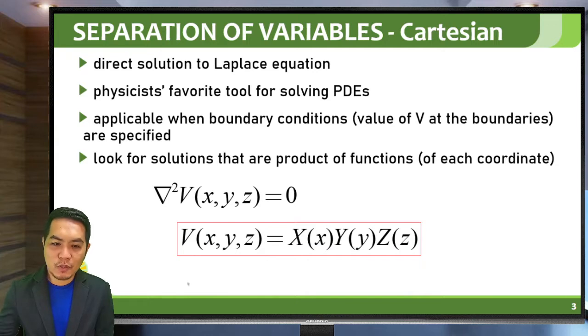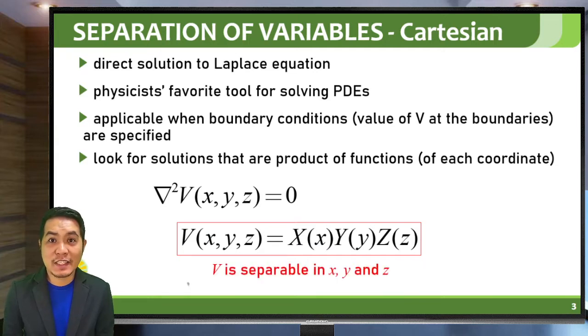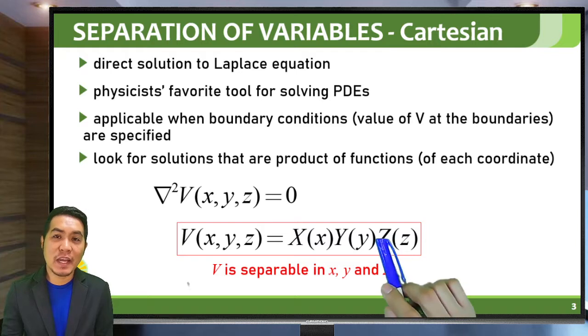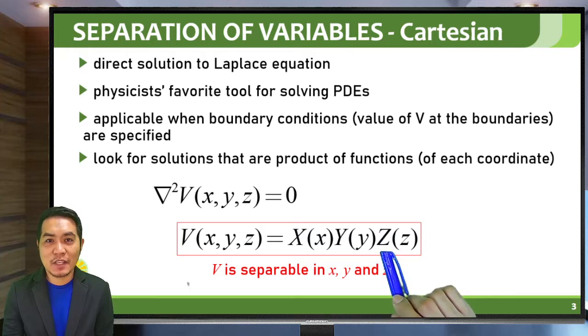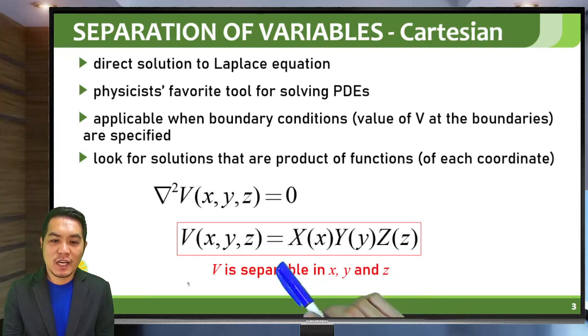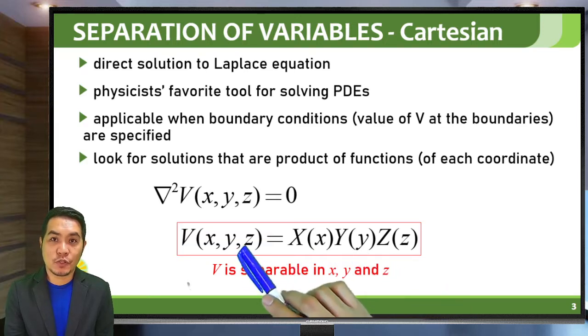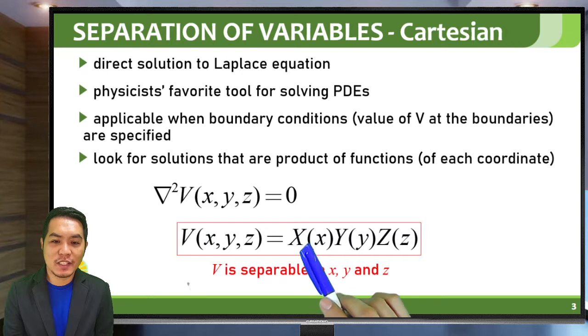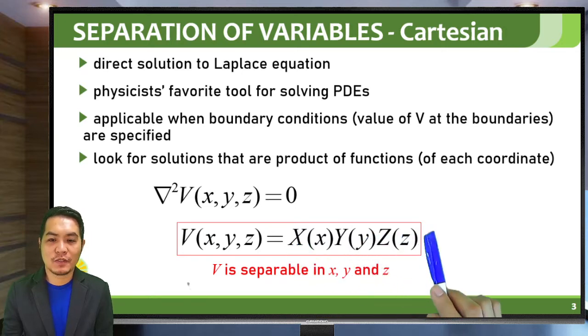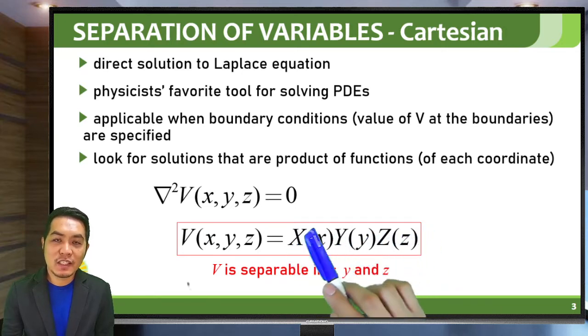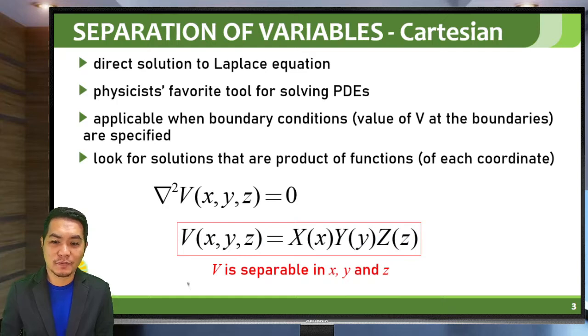We usually call this the separable solution, or we say that the potential is separable in x, y, and z. This is the main assumption in the separation of variables technique: you assume that your solution potential is just a product of three functions of the three coordinates.